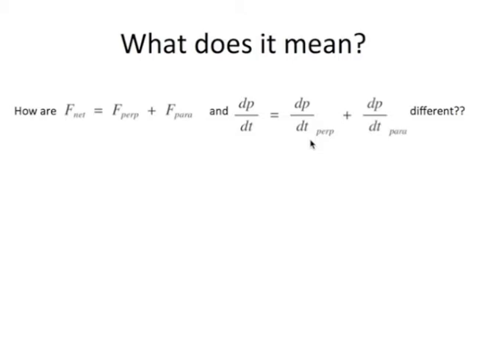So f net is calculated through Newton's universal law of gravitation in this lab, while the dp dt's are calculated by looking at changes in velocity. So while they're equal to each other, you get to them in different ways.